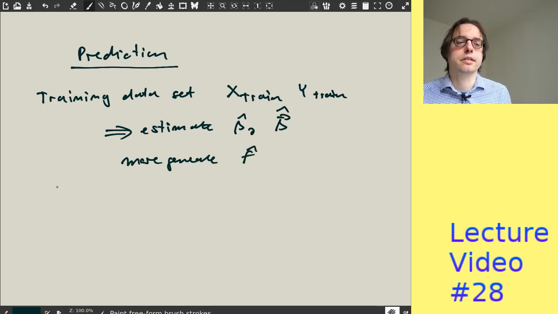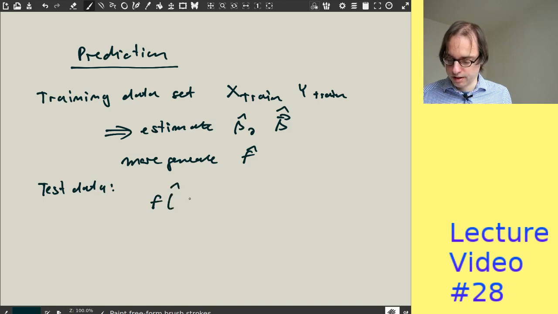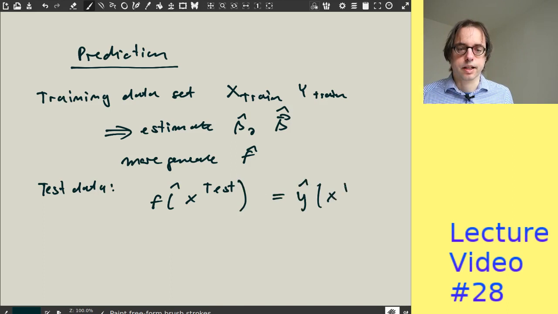And then now we have test data, and with this test data we can just plug in x test into f, and then we get our y hat of x test.